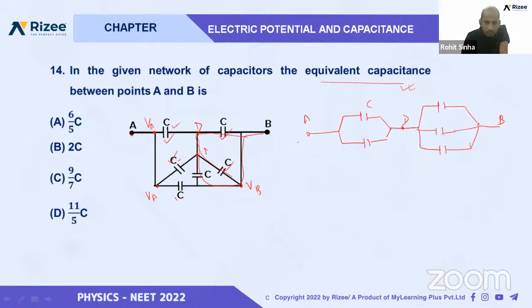It is from A to B directly. So one capacitor is like this, A to B. You have to find the equivalent of this and you will get the answer.